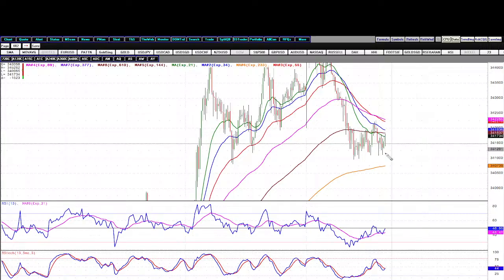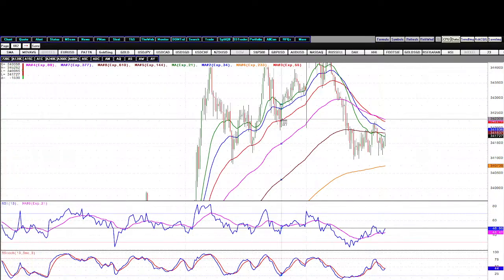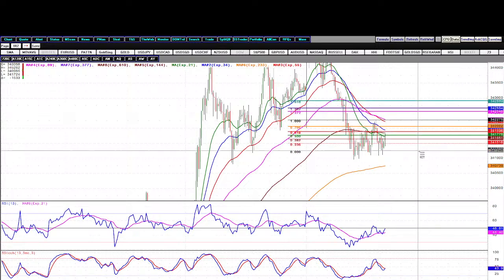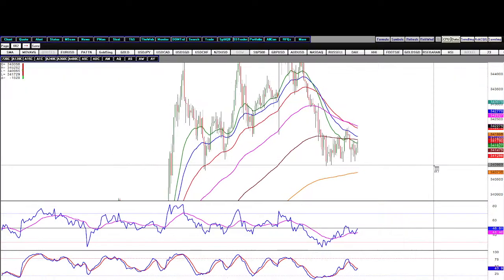Another way we can do a sell is on the extension, where it's 28 and 30. The stop has to be 34.